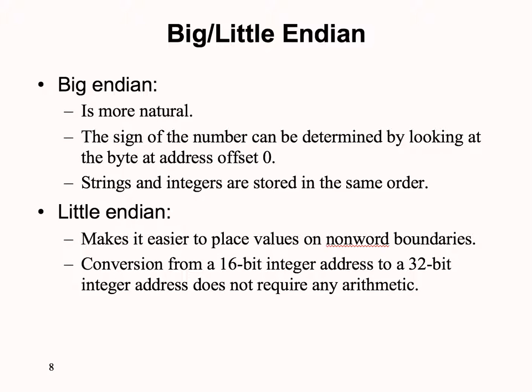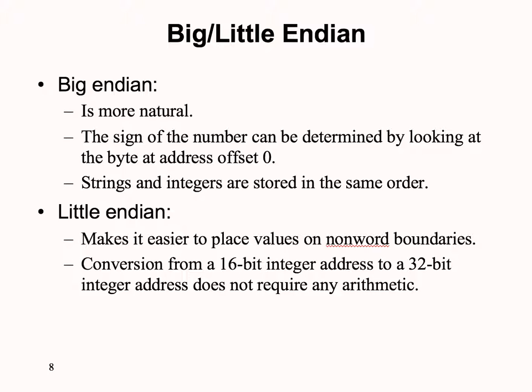However, big endian also has disadvantages. For example, a conversion from a 32-bit integer address to a 16-bit integer address requires a big endian machine to perform addition, and high-precision arithmetic on little endian machines is faster and easier. Most architectures using the big endian scheme do not allow words to be written on non-word address boundaries.